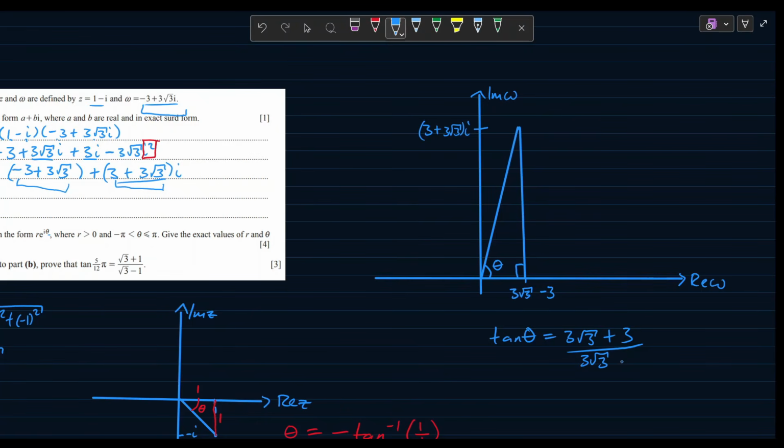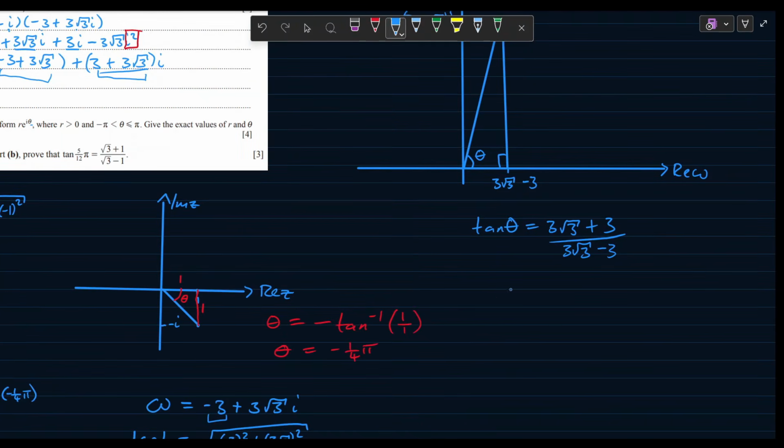So this means that tan theta is equal to, we can factor out 3 in both the numerator and the denominator. So that's 3 times (√3 plus 1) over 3 times (√3 minus 1). So tan theta is equal to √3 plus 1 over √3 minus 1.